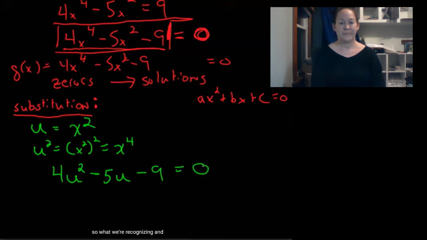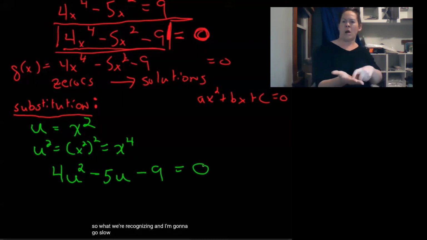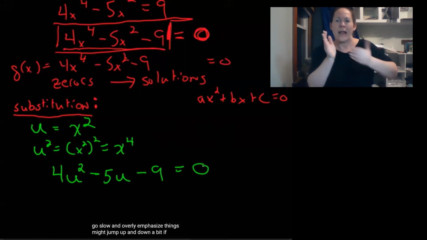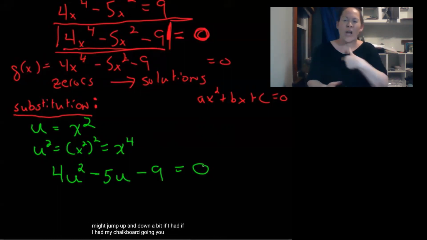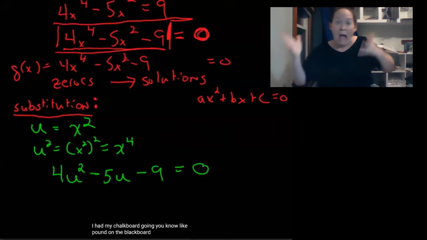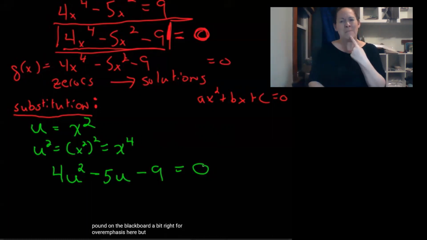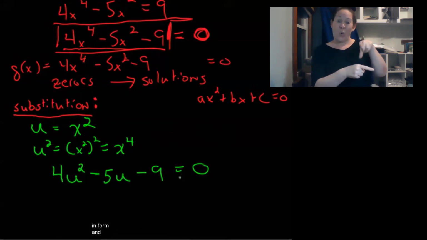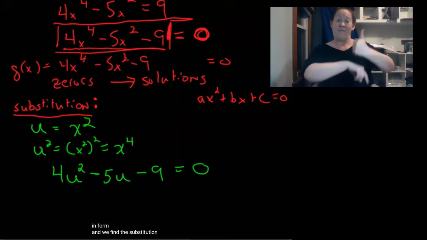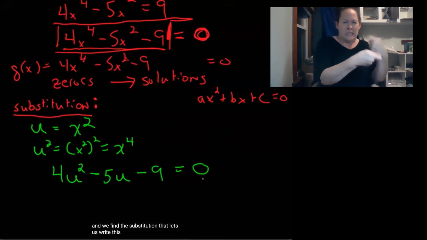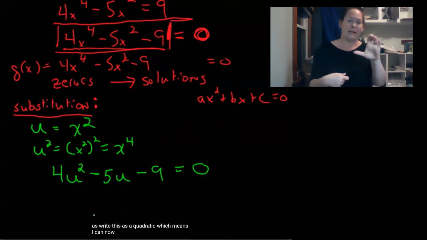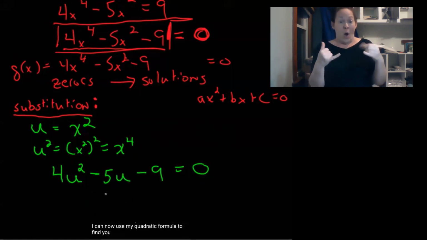So what we're recognizing, and I'm going to go slow and overly emphasize things, is that this is quadratic in form. And we find the substitution that lets us write this as a quadratic, which means I can now use my quadratic formula to find u.